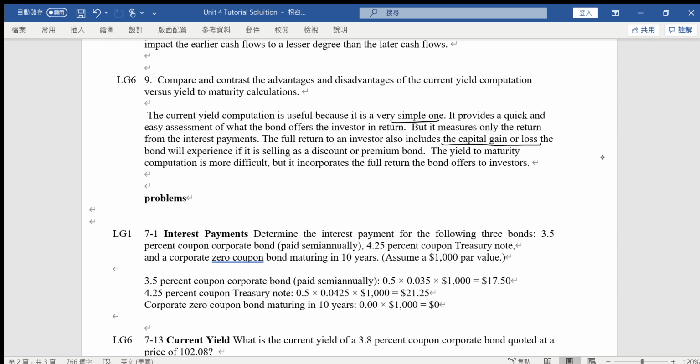That will be a full picture and more complete, and that's why that will be much better than the current yield, and that will cover all the possible gain or loss in terms of this kind of investment. But you will find that comparatively, the formula and the calculation is much more difficult.